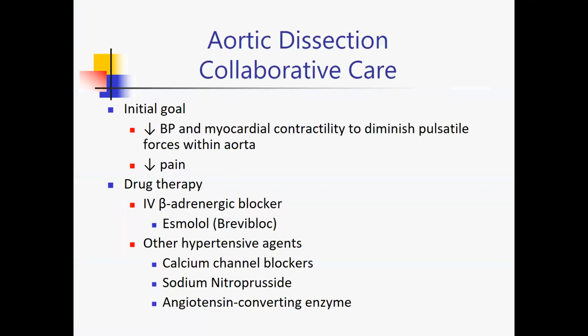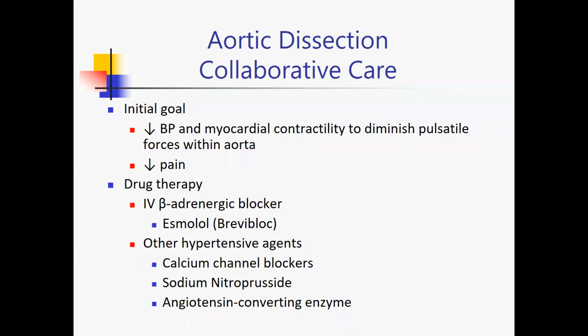Aortic dissection, collaborative care. You need to get as many people in your boat as possible. You need that surgeon. You need those people who know critical care. But the initial goal is to get that blood pressure down cautiously to make sure that you don't have any myocardial event, because you need that heart pumping and contracting, but you need to decrease that heart rate and the blood pressure so that you're not causing problems, but you have to be careful.